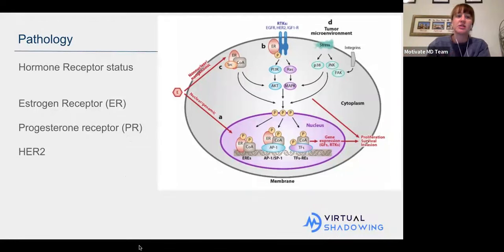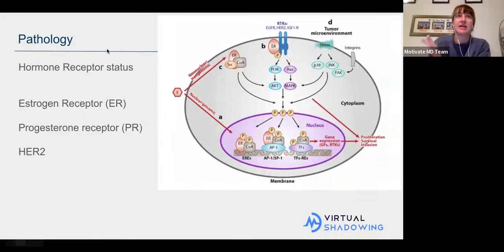We also have a lot of great medications, drugs now, that we can use to target them. The three big ones that we look at for breast cancers are estrogen receptors, progesterone receptors, and HER2. HER2 is a tyrosine kinase. It is involved in the RAS MAPK pathway, which is a growth pathway for your cell cycle.